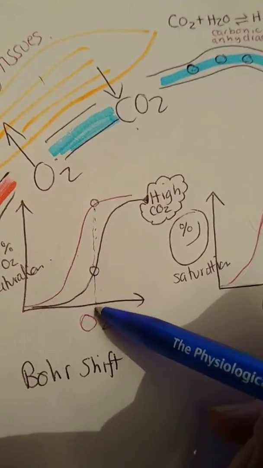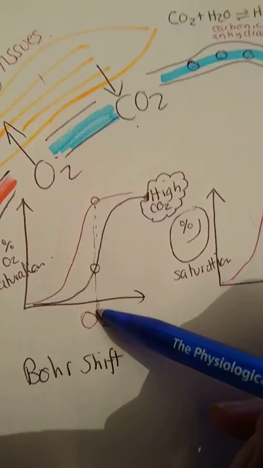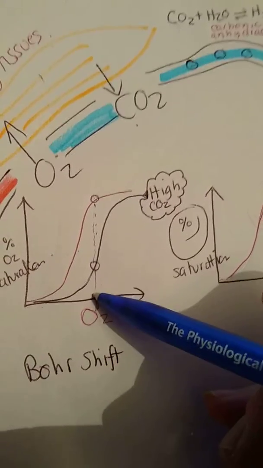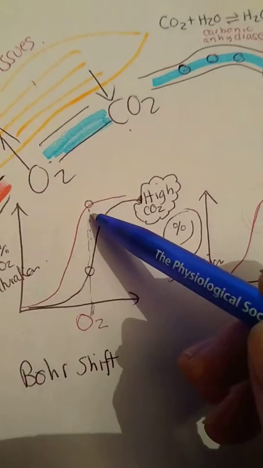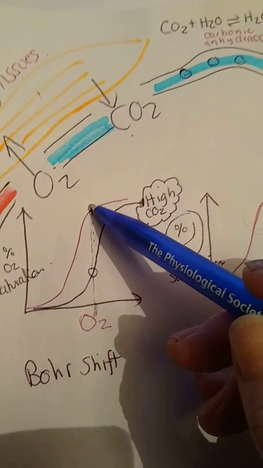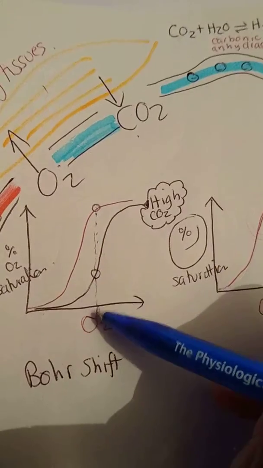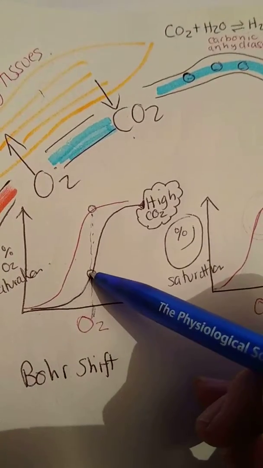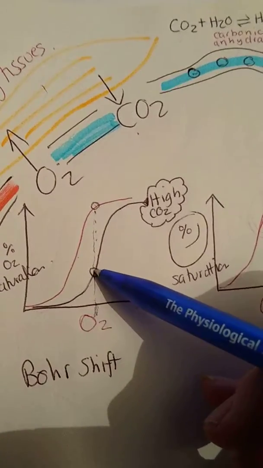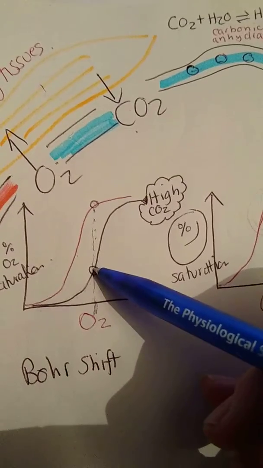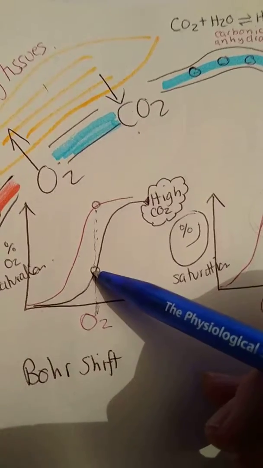which basically means that at the same partial pressure of oxygen, I've just picked a random amount of carbon dioxide, in normal situations we would still have quite a lot of oxygen retained, but when there's high carbon dioxide present, the affinity of hemoglobin for oxygen is reduced.